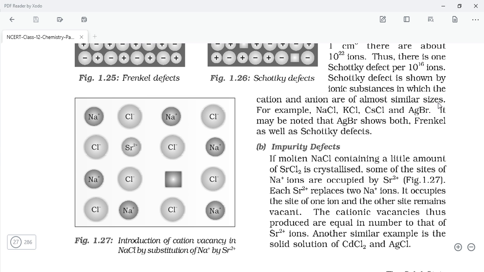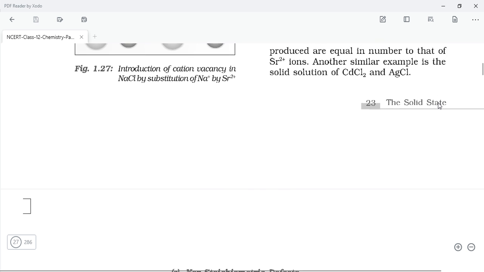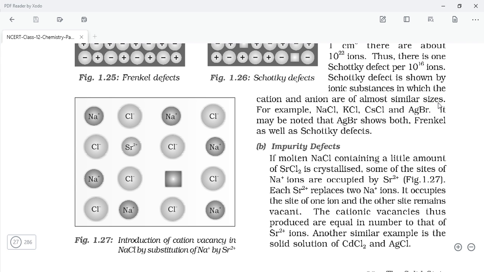Another similar example is the solid solution of CdCl2 and AgCl. You might see in figure 1.27 the introduction of cation vacancy in NaCl by substitution of Na plus by Sr plus 2. So you have one vacancy and one Sr plus 2 ion, just to maintain the electric neutrality of the solid.